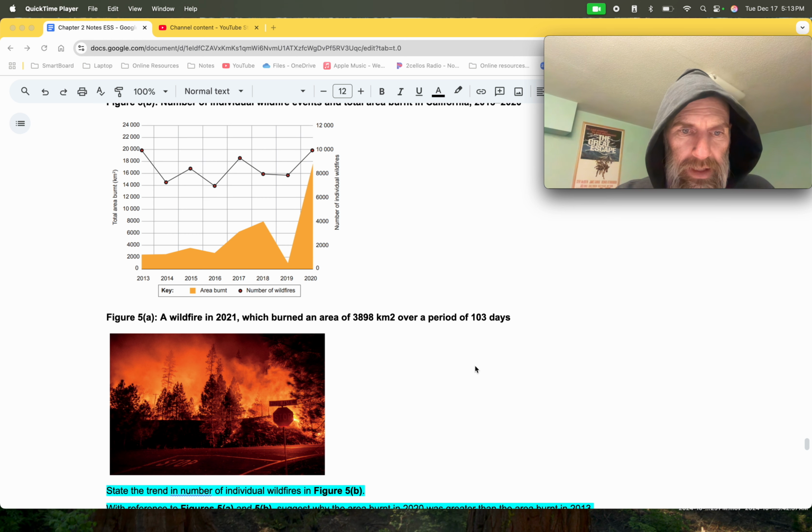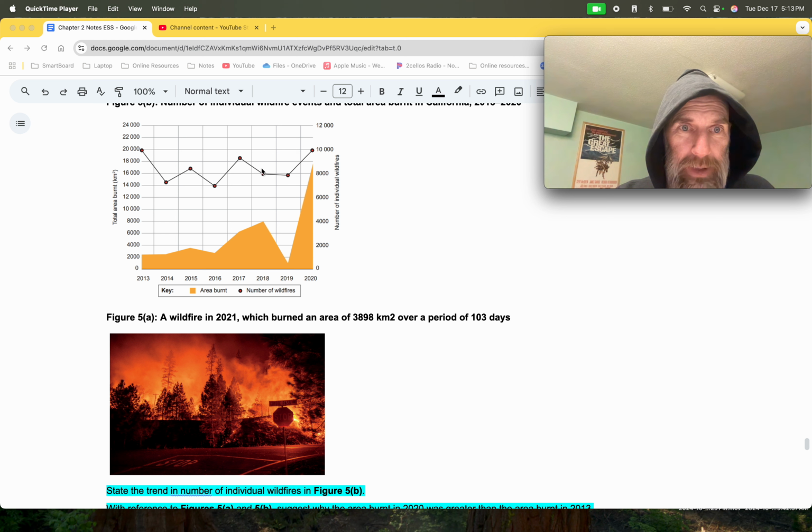State the trend in number of individual wildfires. Pretty static. I'd love to tell you that they were increasing, but they were increasing in 2013, and then they were down.